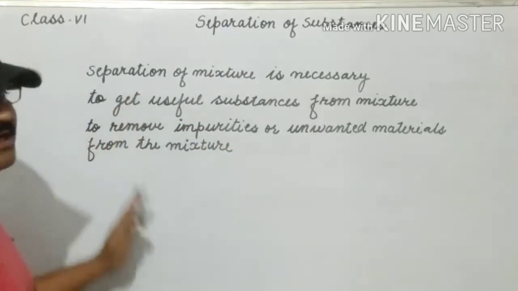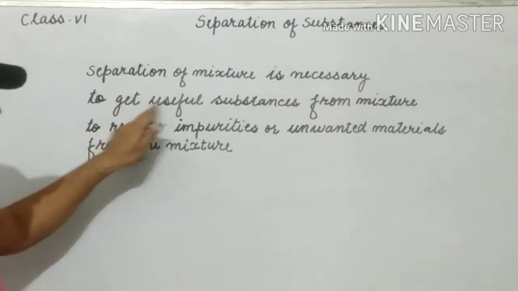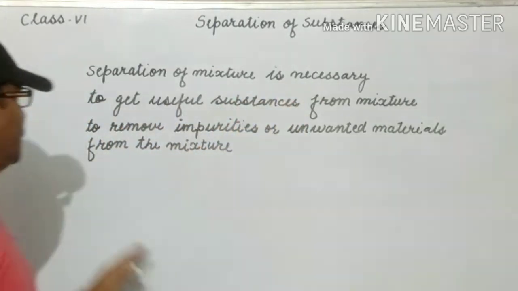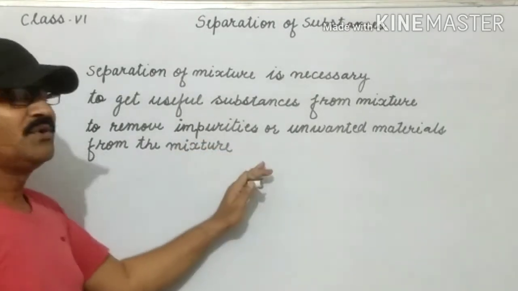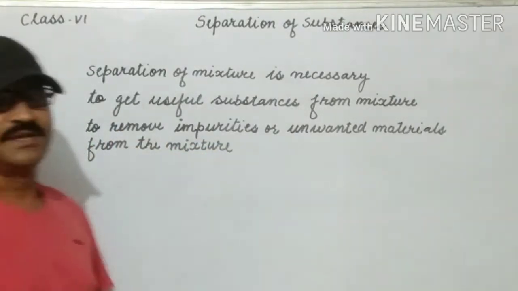Is that clear? Why do we need separation of mixture? For getting useful substances from the mixture and to remove impurities or unwanted materials from the mixture.